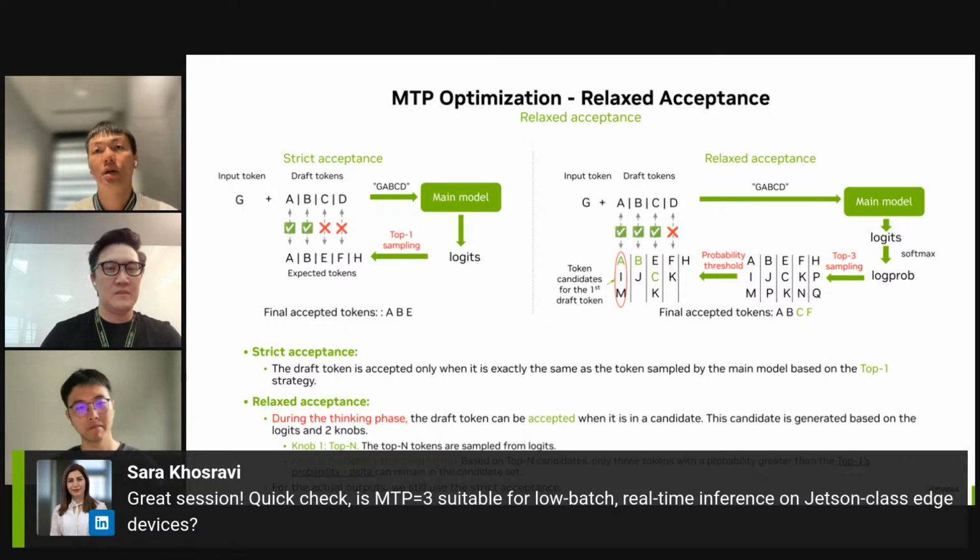But when the batch size is very small, like batch size one, we still have some redundant compute resources. Speculative algorithms like MTP actually use more compute resources to save time. So I think it's worth trying MTP3 or MTP1 to see whether it can bring some improvement.